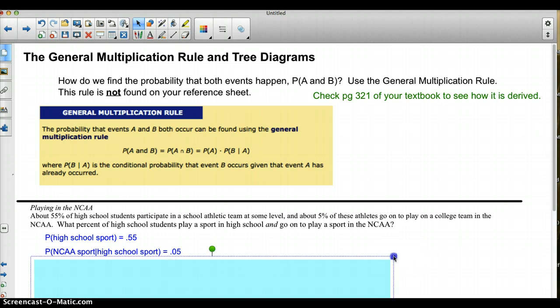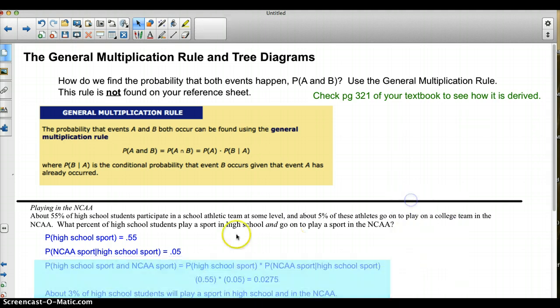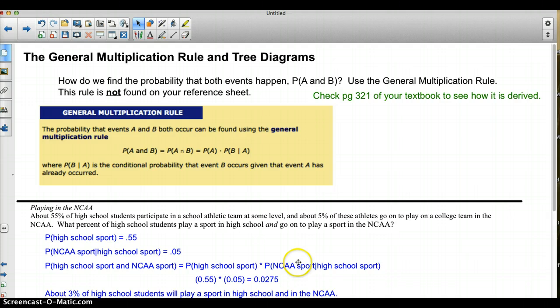The notation would be the probability of a high school sport and an NCAA sport, or you could write the probability of the high school sport times the probability of being an NCAA athlete given they're also a high school sport athlete. So you have 0.55 times 0.05, which gives you 0.0275. So our statement would be: about 3% of high school students will play a sport in high school and in the NCAA.